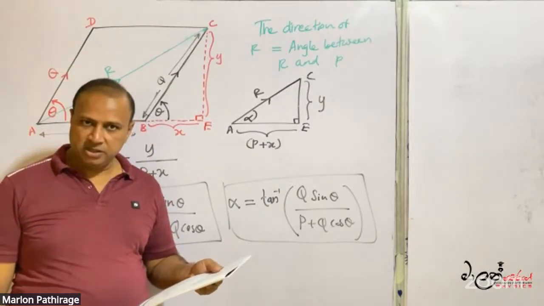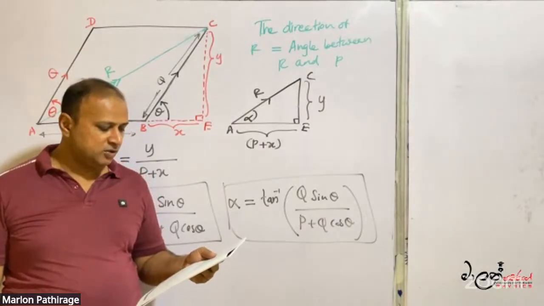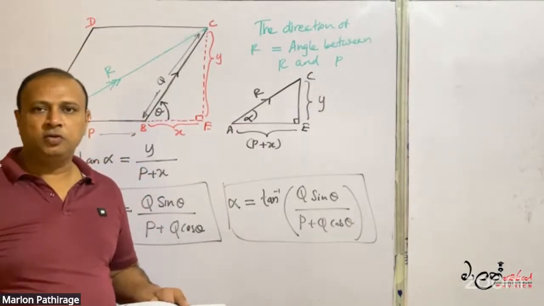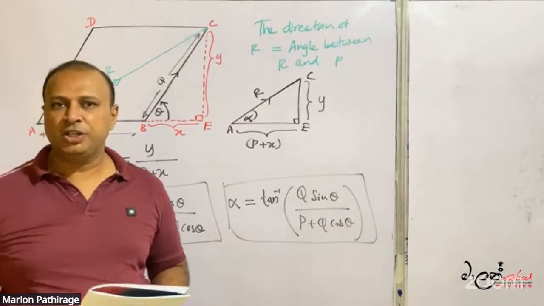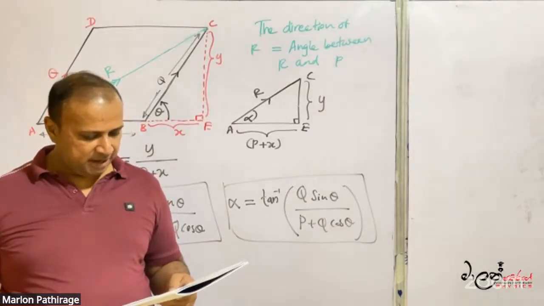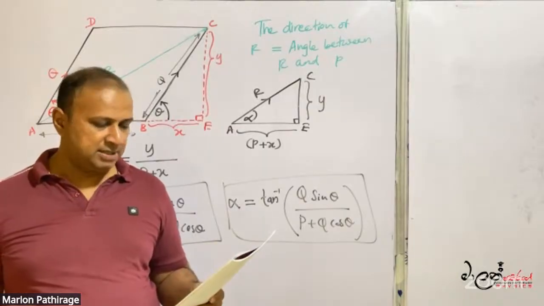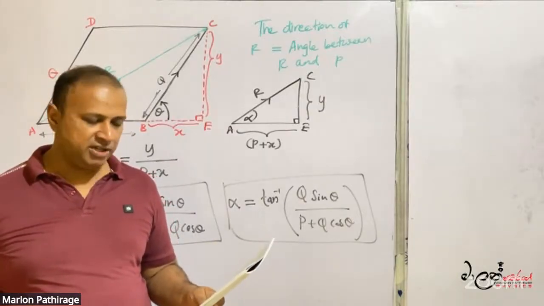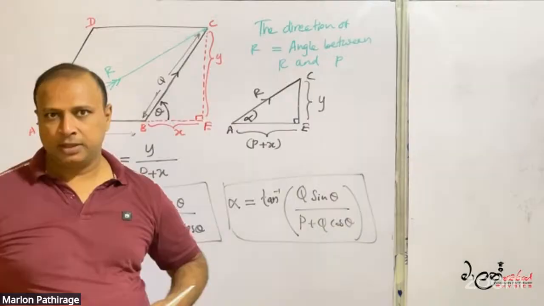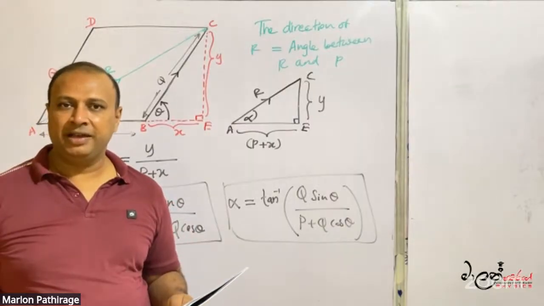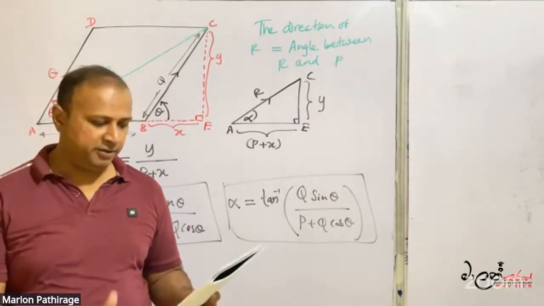In the first question, you have to apply the equation R squared equals P squared plus q squared plus 2pq cos theta. There are two sections, A and B. In each section there are 5 questions, so altogether there are 10 questions. Please do the 10 questions.